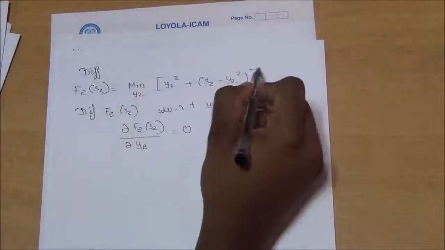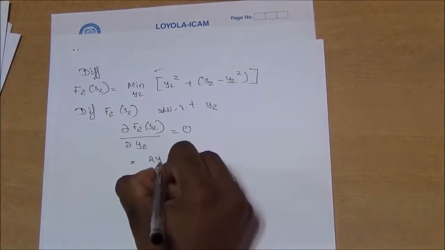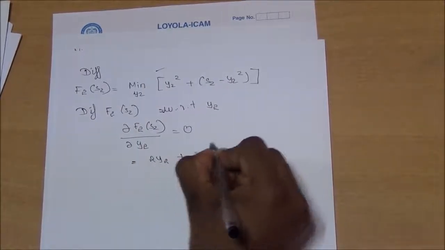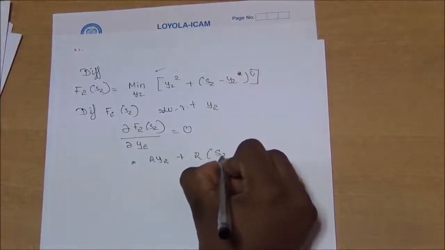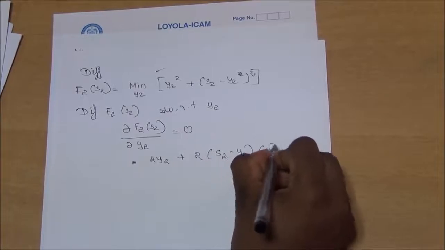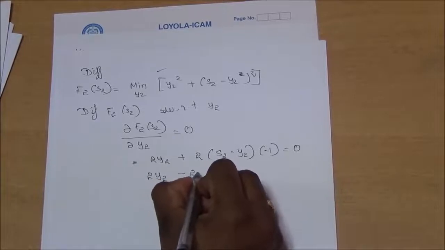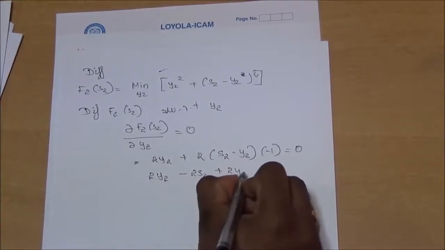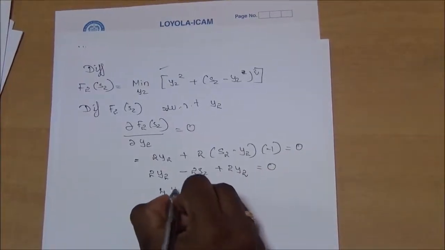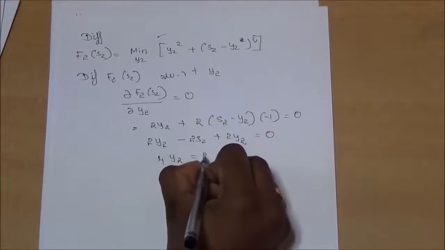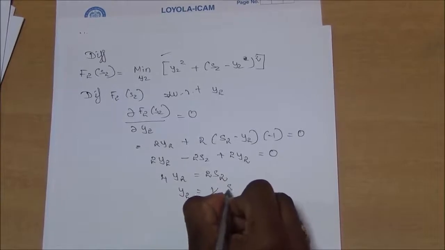Then we differentiate this equation: the derivative of y2 square is 2y2 into 1, plus 2 into s2 minus y2 into minus 1, is equal to 0. Then 2y2 minus 2s2 plus 2y2 is equal to 0. So 4y2 is equal to 2s2, and y2 is equal to 1 by 2 s2.